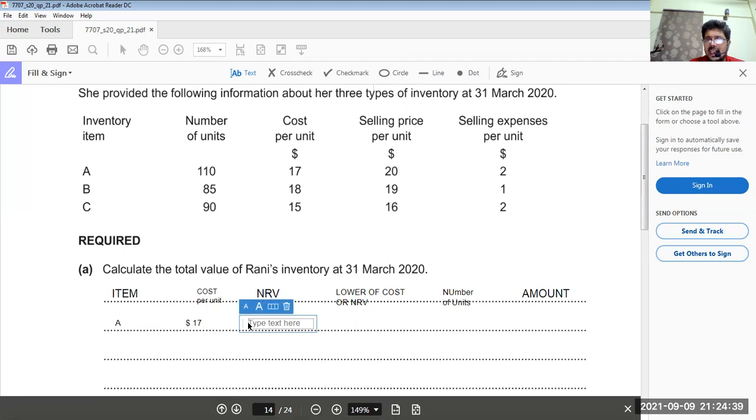So if we calculate NRV for A, it's $20 minus $2, which is the selling expense. So how much can we realize after selling item A? $18 per unit.